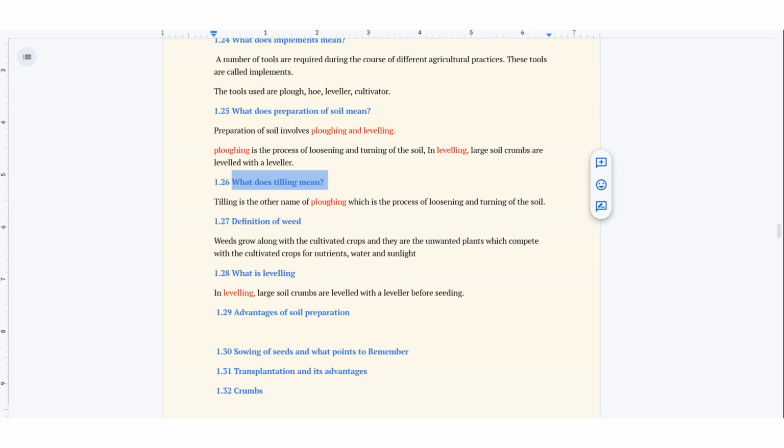Weeds. Next point. Weeds grow along with the cultivated plants or crops, and they are unwanted plants which compete with cultivated crops for nutrients, water, and sunlight. Let's imagine.